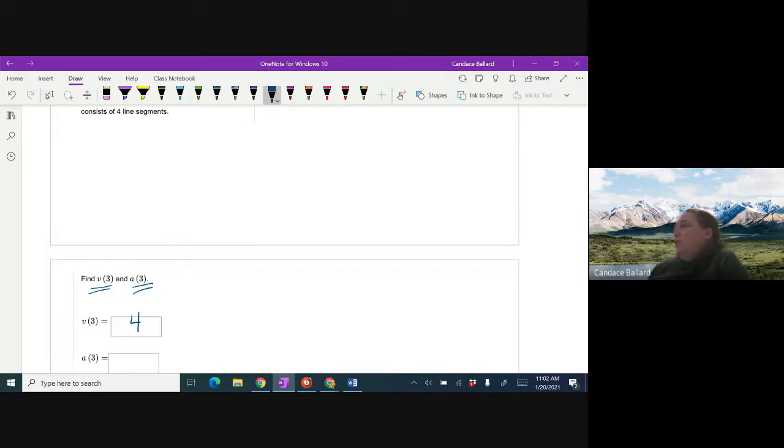Can you tell me in the chat, what's the relationship between acceleration and velocity? What's the relationship between acceleration and velocity?